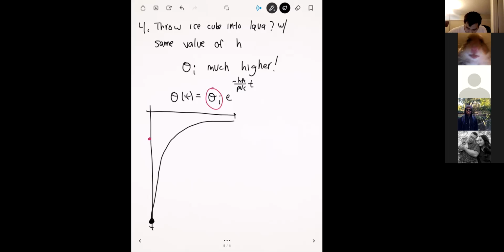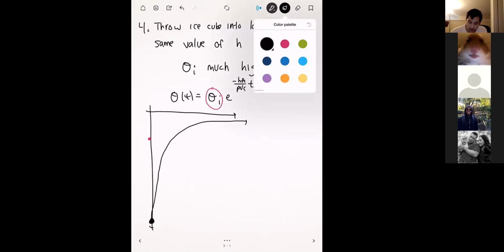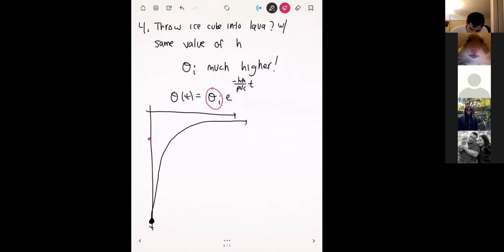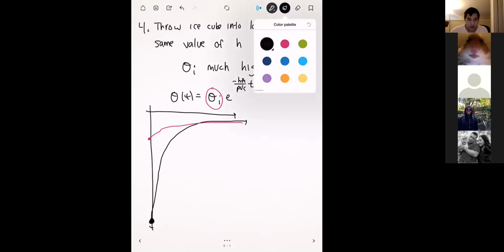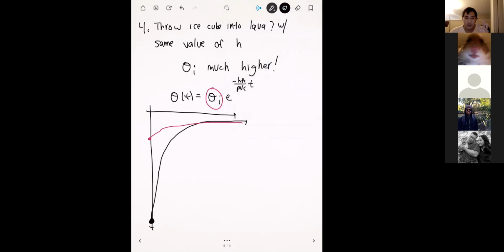For the lava, you might have something that looks like that, but for the swimming pool, it's going to look like something like that. So this is kind of a paradoxical result. If the only thing that you're changing in your situation is the initial temperature difference, the rate at which your object is changing temperature isn't affected.